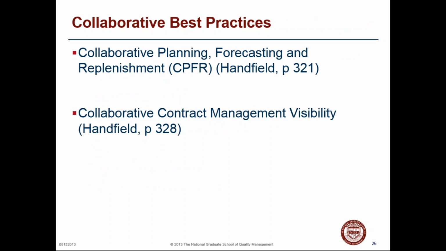All right. We're going to talk about some of the best practices on collaboration, right? So collaborate with your planning, forecasting, replenishment, as Hanfield says. Let them know what you need, right? So if you forecast, with most forecasting tools, you'll put a strategic plan in place that tells you all the material you need for an entire year.